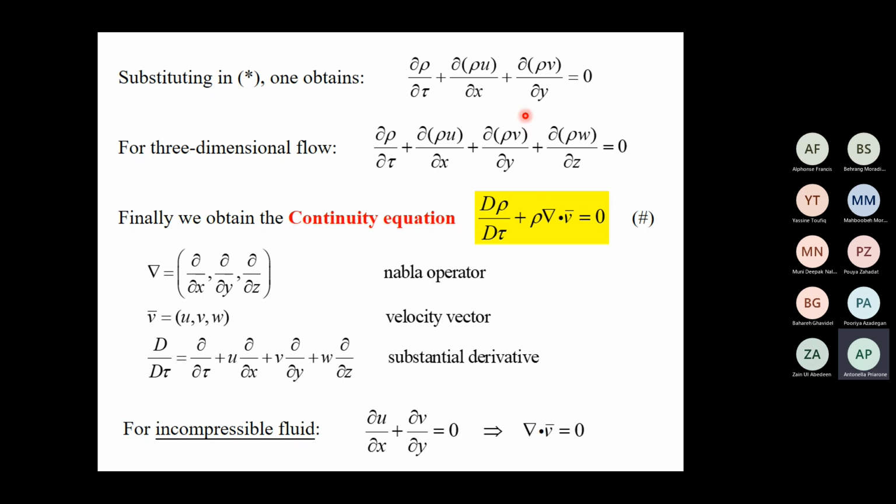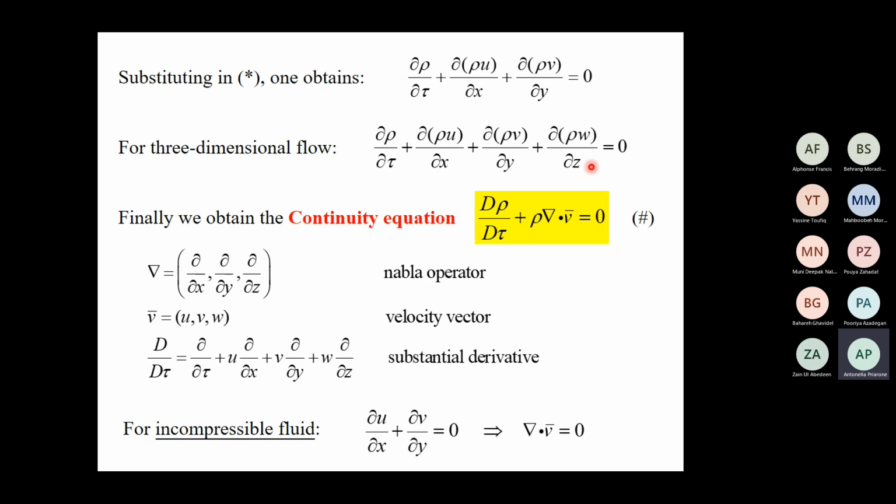If I want to write the same for the three-dimensional case, including the w component, the velocity in the z direction, I simply add the derivative of rho w in z.